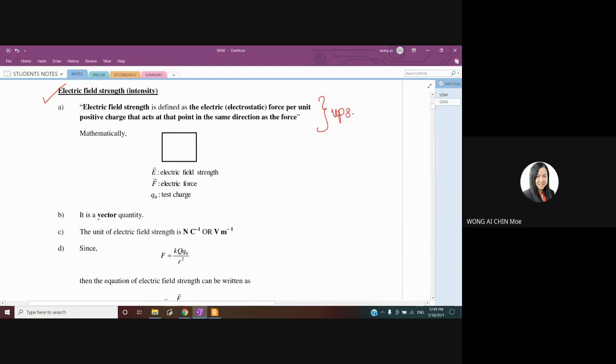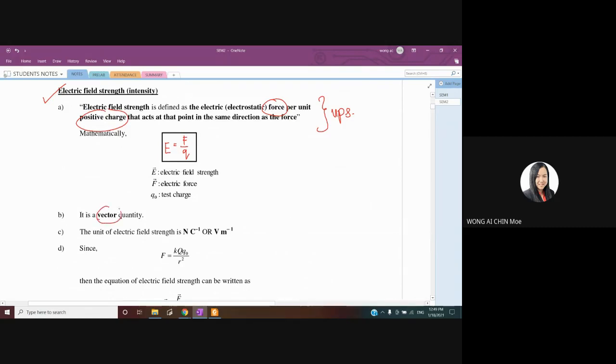If they ask you to define what is electric field strength, you must define it as E equals to force over Q, force per unit positive charge, F over Q.